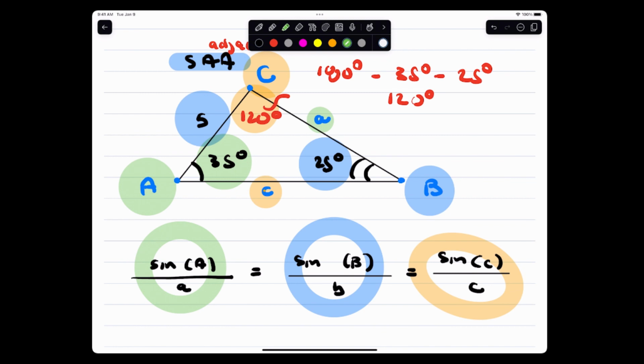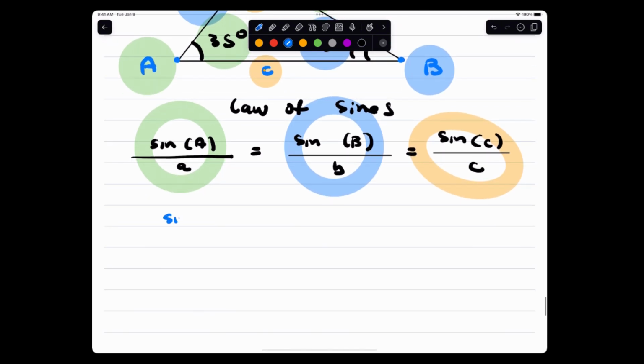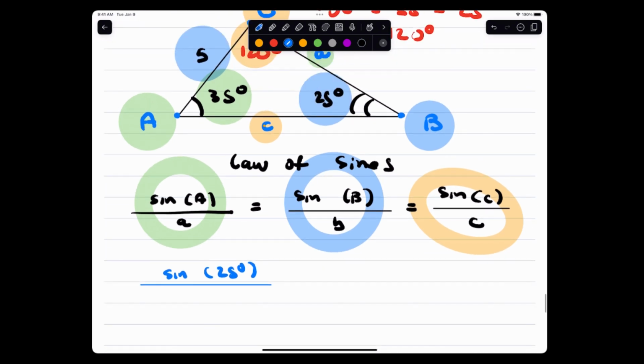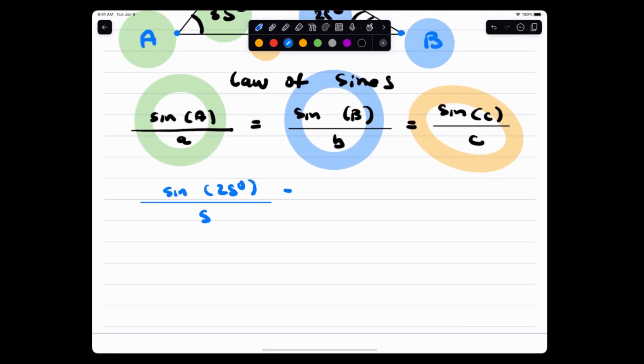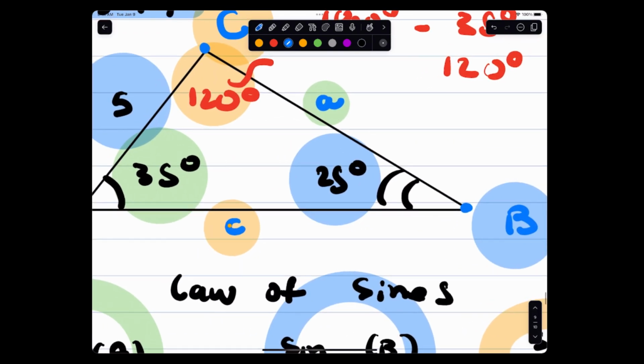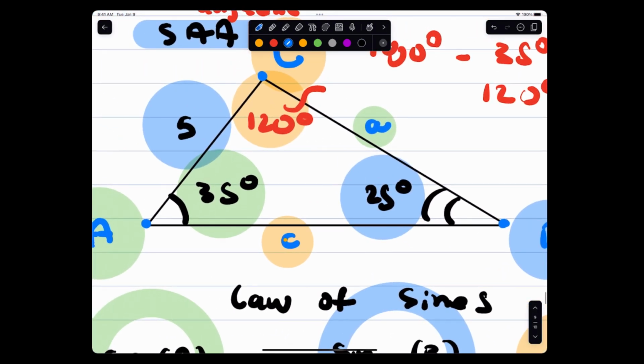Okay, so remember, when you use law of sines, you have to start with an angle that's known and a side that's known. So can you see in this triangle, where do you have a known angle and a known side? B, is that right? So we're going to write down sine of 25 degrees divided by what? 5 will equal, because this is B. Angle is known and side is known. Is that true?